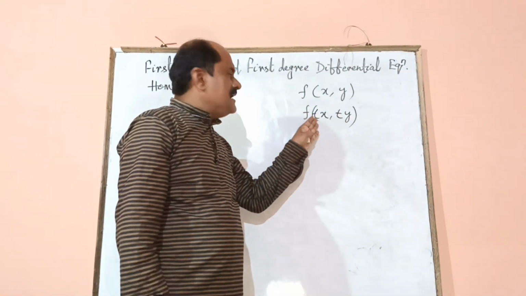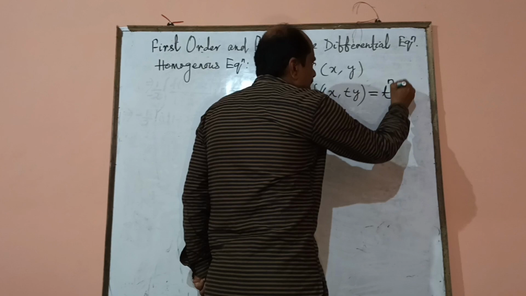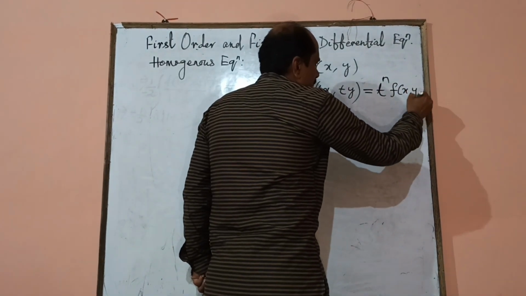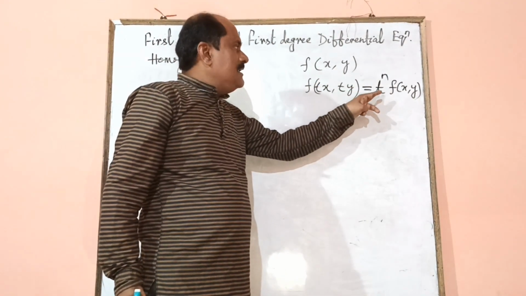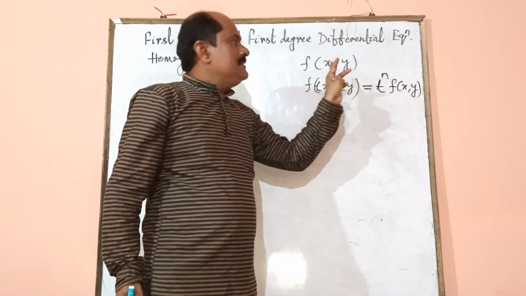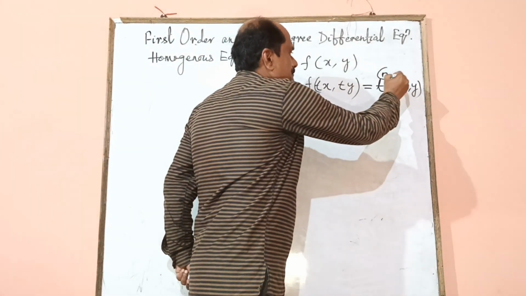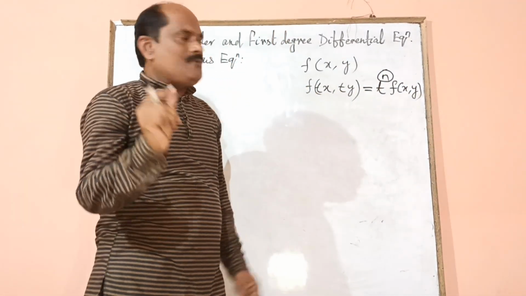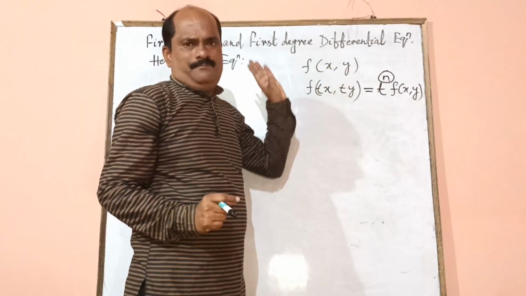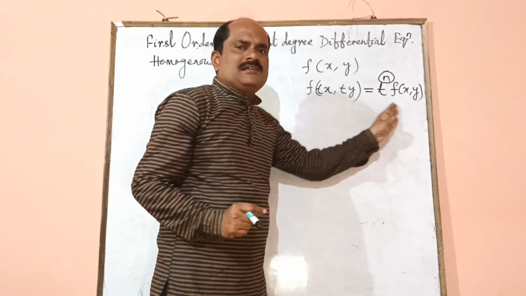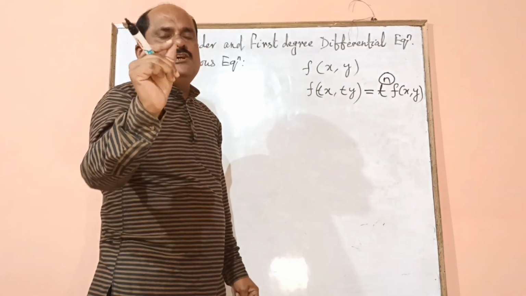If f(tx,ty) can be expressed in the form t to the power n times f(x,y), then f(x,y) is a homogeneous function of degree n. If f(x,y) cannot be expressed in this form, then f(x,y) is not a homogeneous function.